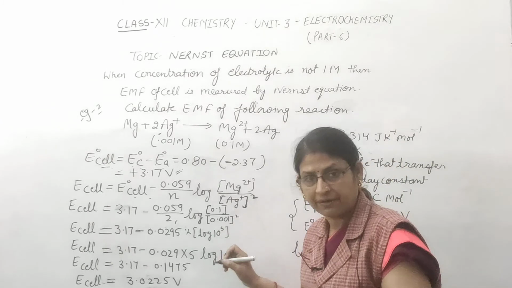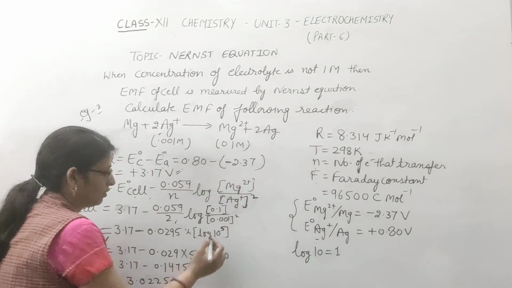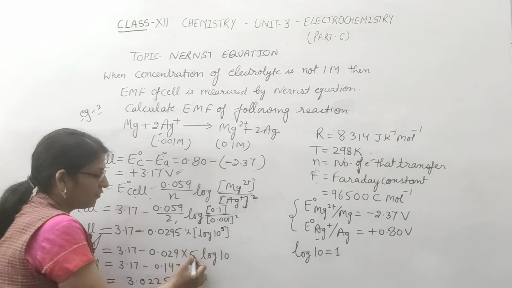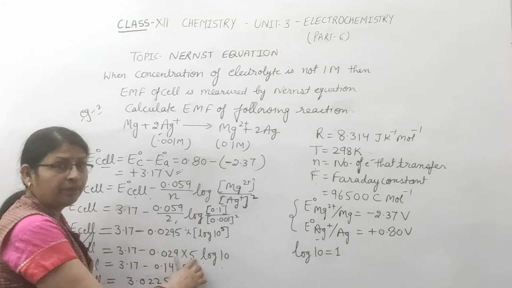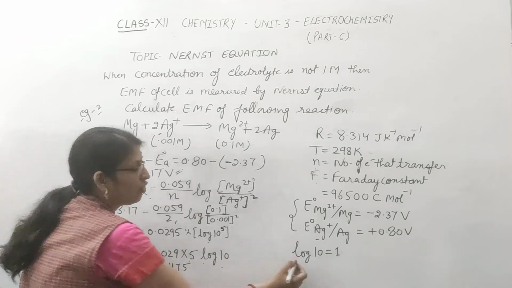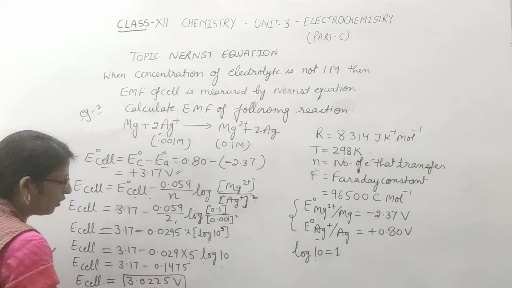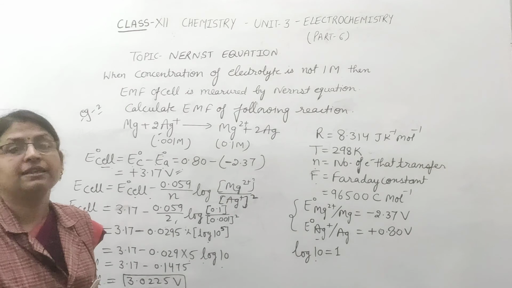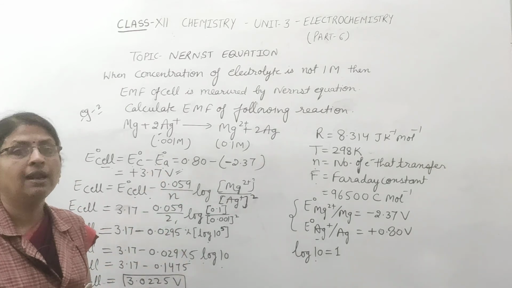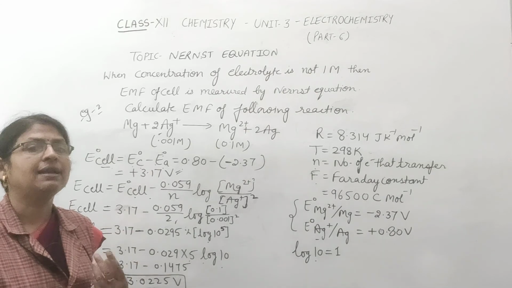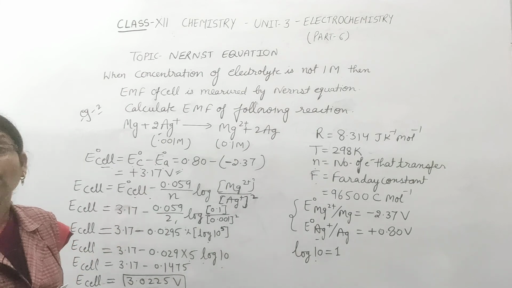By the rules of log, the power goes to the front side: 5 log 10, and the value of log 10 is 1. So after calculation, you get the value 3.0225. That is the E cell. It means the calculation of E cell is positive, so the cell is feasible, and it is less than 3.17. Okay students, thank you.